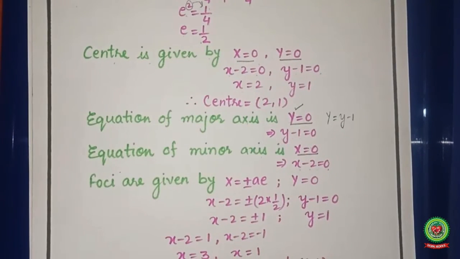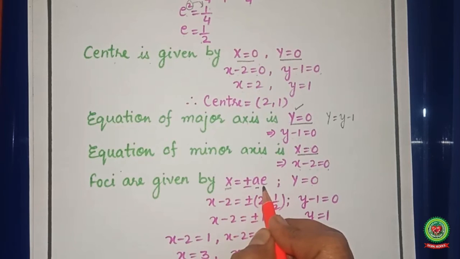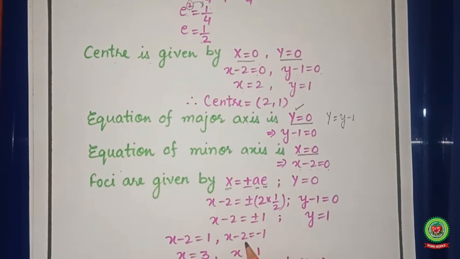The foci of the ellipse are given by capital X is equal to plus minus ae and capital Y is equal to 0. Now here we have the value of a and e. On substituting all the values, we will get the foci. So here x minus 2 is equal to plus minus the value of a, which is 2, and the value of e, which is 1 by 2, as we have calculated above. So on solving, we are left with plus minus 1.